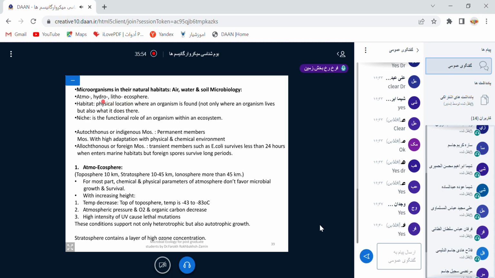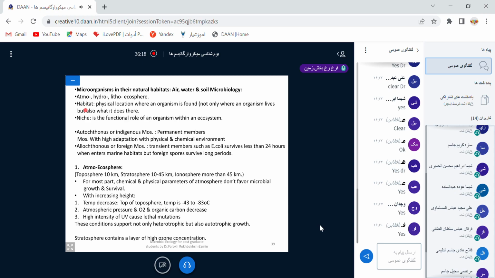If we are talking about microbes in the water, we call it hydroecosphere. If we are talking about microbes in the atmosphere, its name is atmoecosphere.